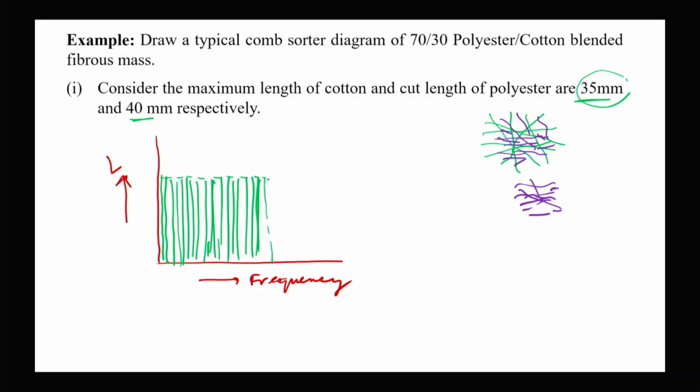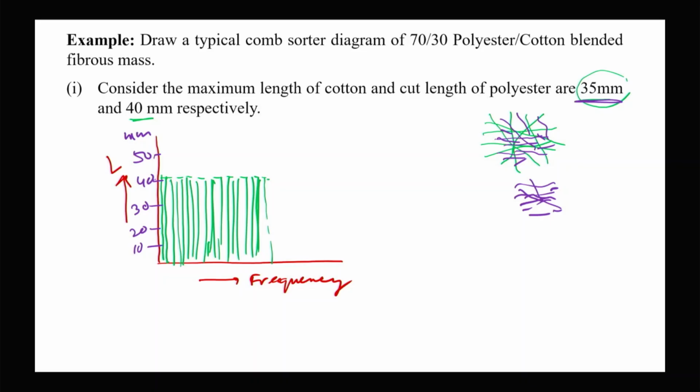We have already taken the polyester fiber, and here the condition is 35 mm. The axis goes 10, 20, 30, 40, 50 mm length.